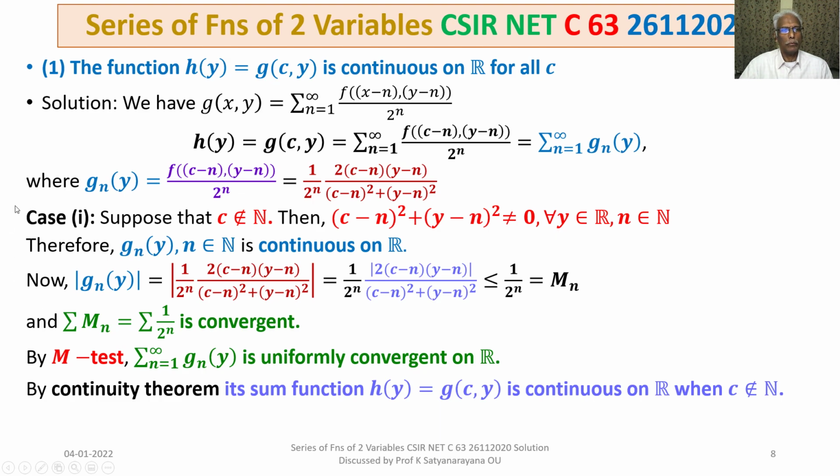So in the first case, option 1 is true. And what has happened here is that, instead of this series of functions of two variables, it has now become a series of functions of one variable, and the same method is applied.